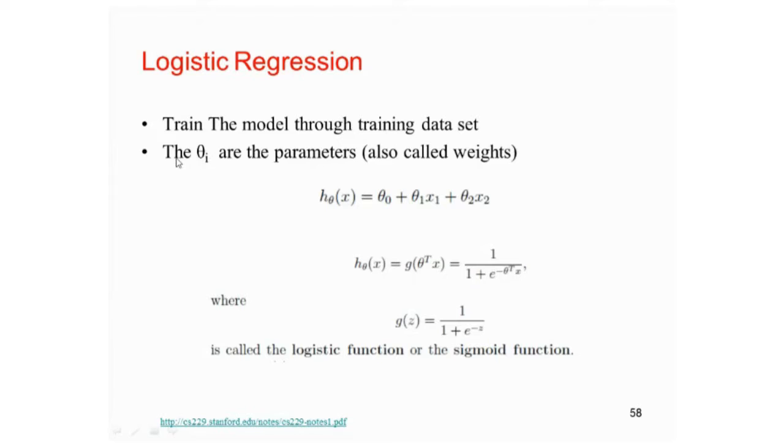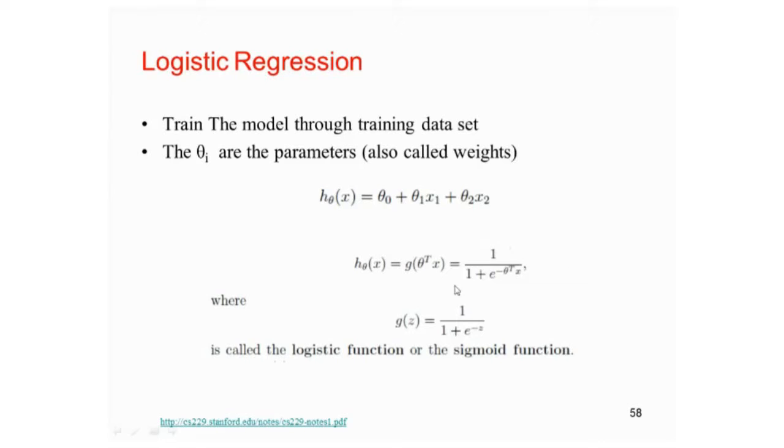Now we try to tune. We have taken this hypothesis. Suppose you have two features, x1 and x2. Then we try to optimize this theta 0, theta 1, theta 2. Based on that, we will design the cost function, and we will optimize through the gradient descent method. Then we will automatically get the tuned values for theta 0, theta 1 and theta 2.